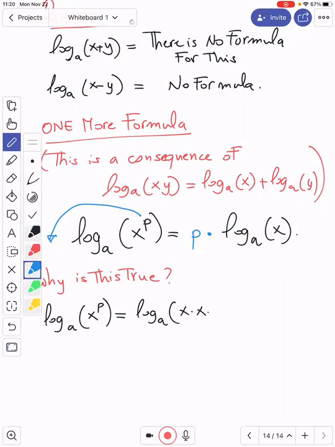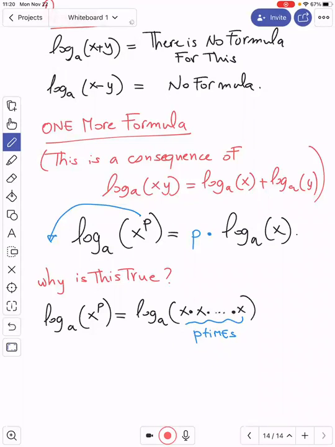X to the power p means you multiply x by itself p times. And then we said if you have a product, like log of x times y, that'll be log of x plus log of y.